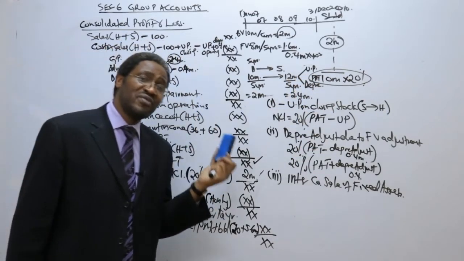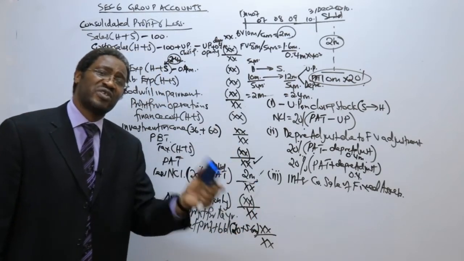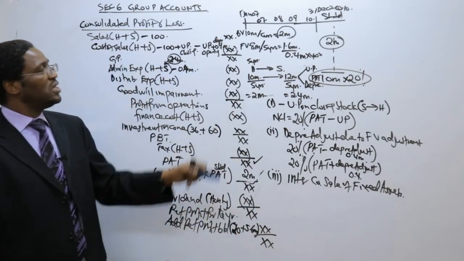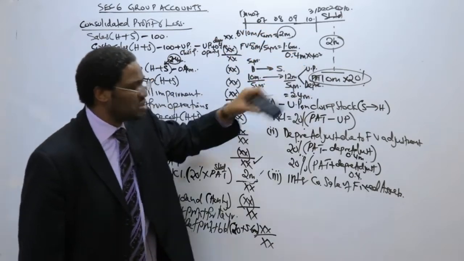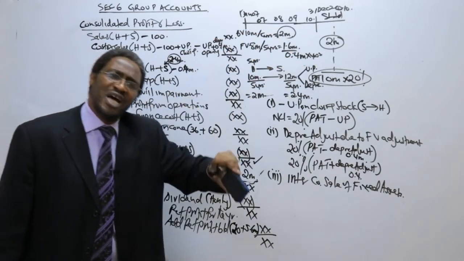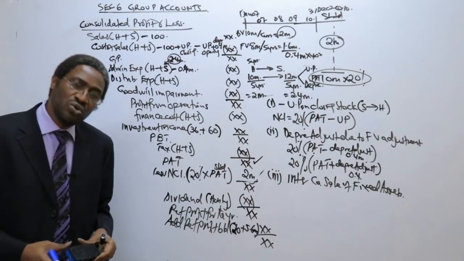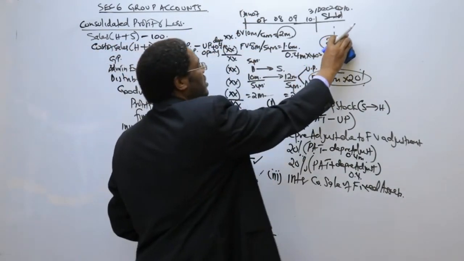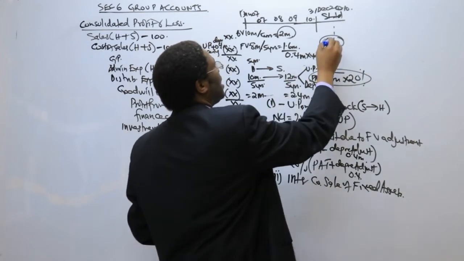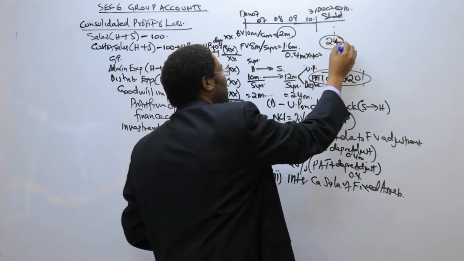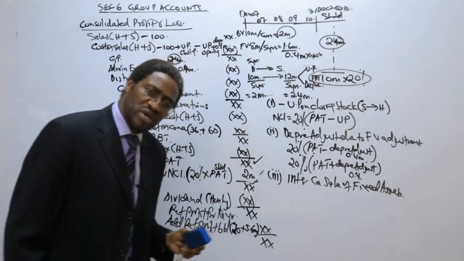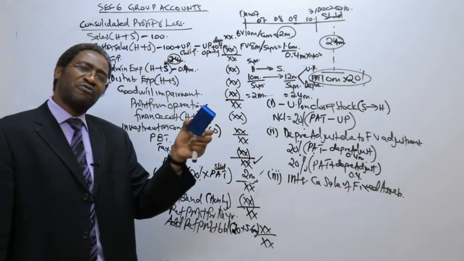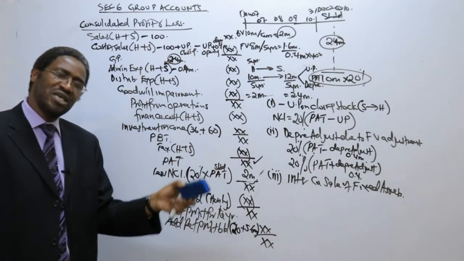But now we have issues affecting that profit after tax of the subsidiary company. Yes, the subsidiary is telling me their profit after tax is 10 million. But is that profit correct? The answer is no. Why? Because they were charging 2.4 million every year as depreciation among their admin, but instead, we know they should be charging 2 million. So the profit of the subsidiary is wrong.